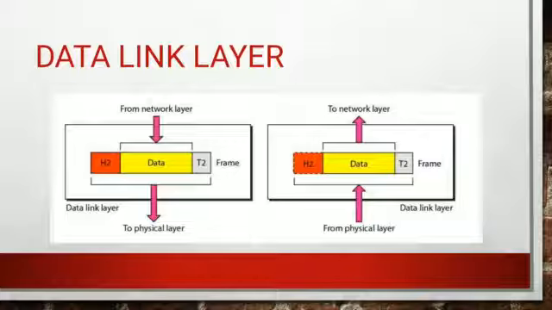Once the framing of data is completed, next it is transmitted to the physical layer. From there, it is received by the physical layer of the receiver device. From that physical layer, it is taken to the data link layer, and from the data link layer the data is transmitted to the network layer. In this way the process continues.